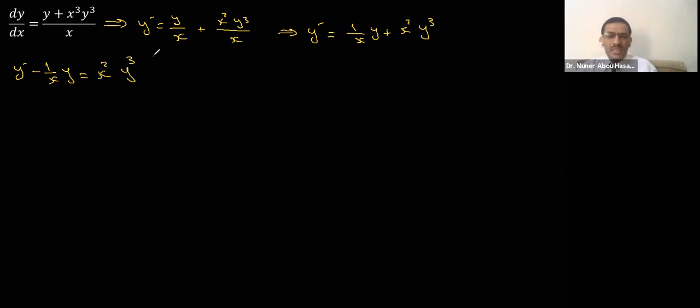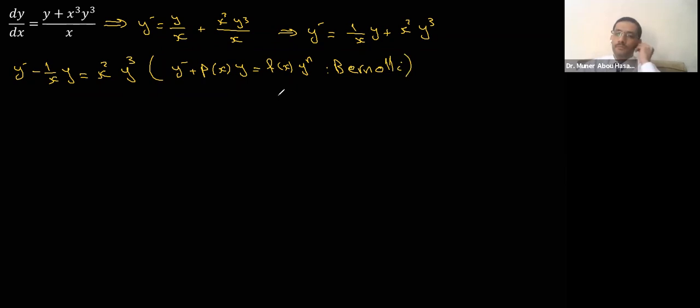Now, this equation is similar to the Bernoulli form, which is y prime plus p(x) y equals f(x) times y to the power n. So it is a Bernoulli equation.